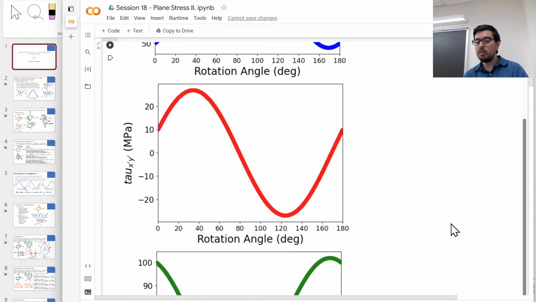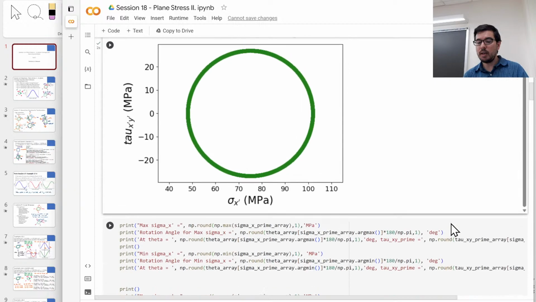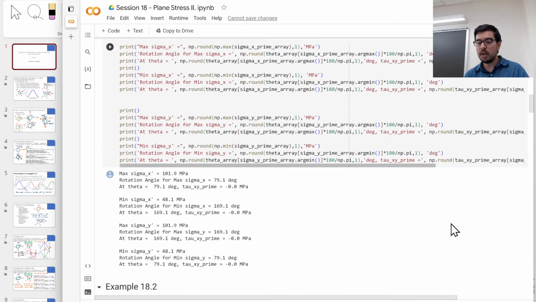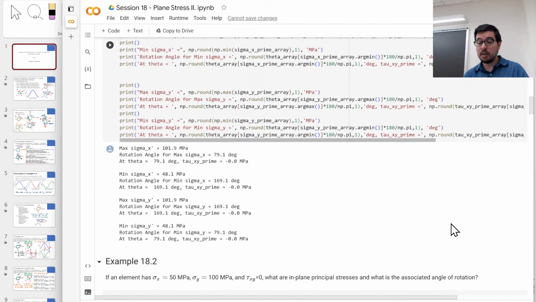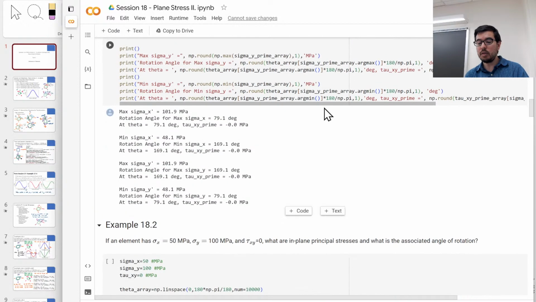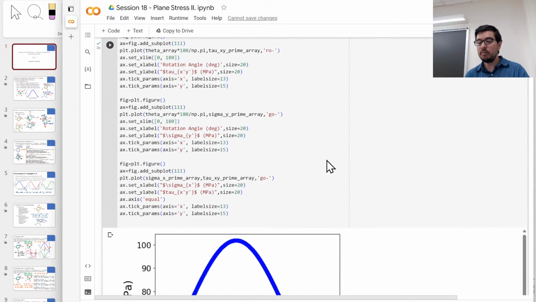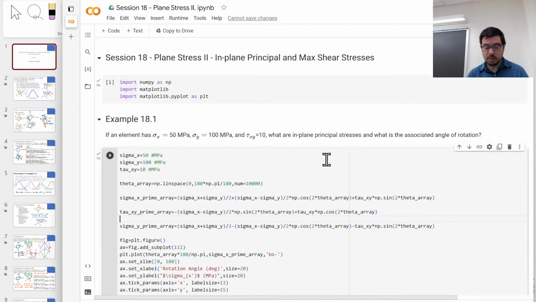And so you can do some of these problems just by graphing and looking at the results, okay? And then also, I've even got things that will spit out where the maximums are at the angles, right, and the stresses. So this is all there for you to use to make your life easier. Just hit Control Enter, and you'll be able to do some of these problems without too much difficulty, okay?